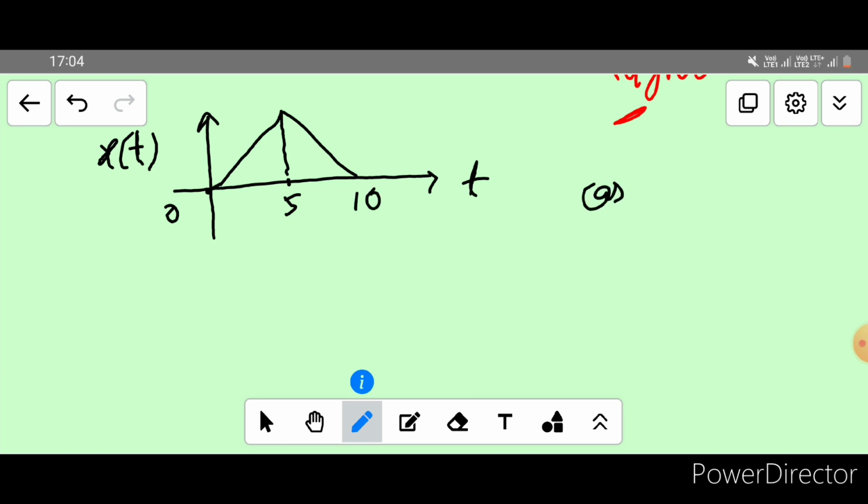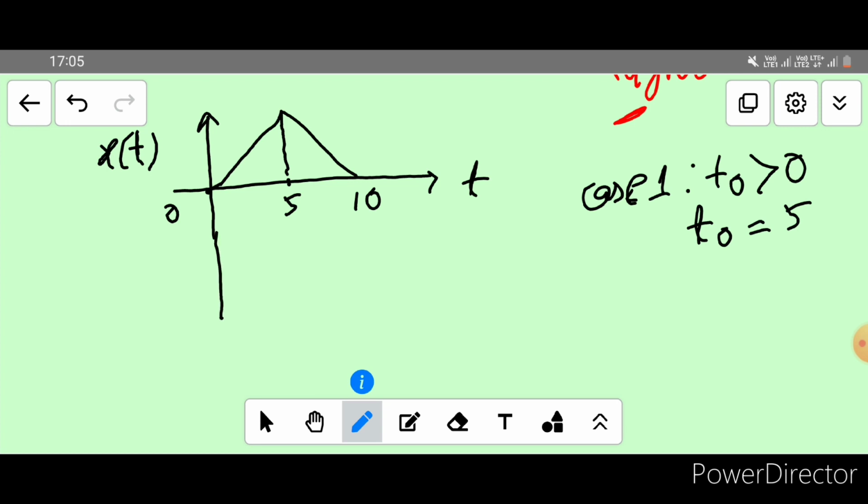In case 1, suppose our t naught is greater than 0. Suppose t naught is equal to 5. So as stated above, if our t naught is greater than 0, then our signal x(t) will be shifted to the right side by t naught units.